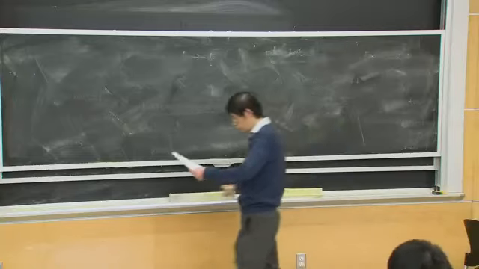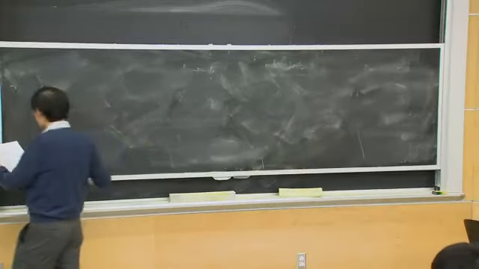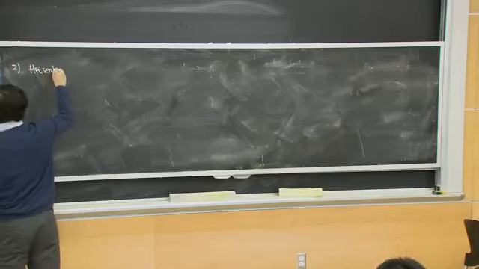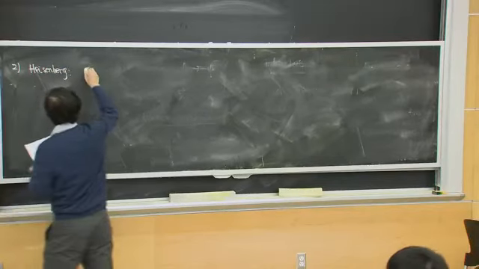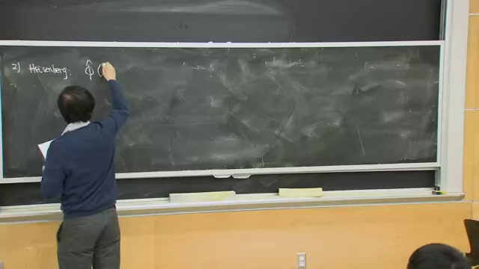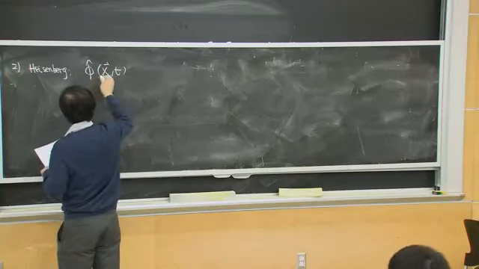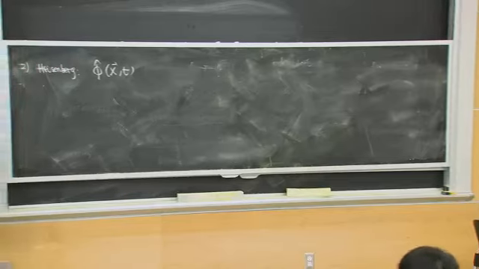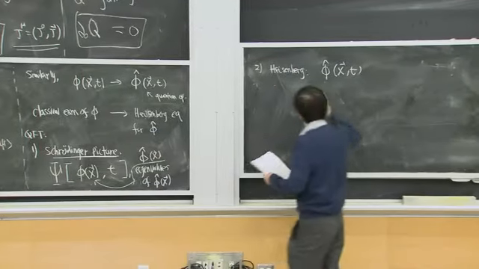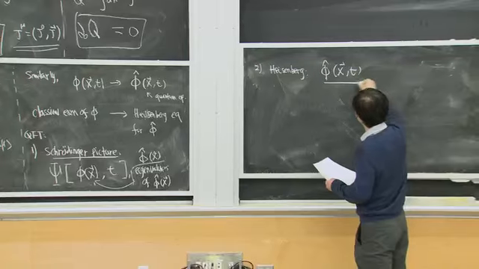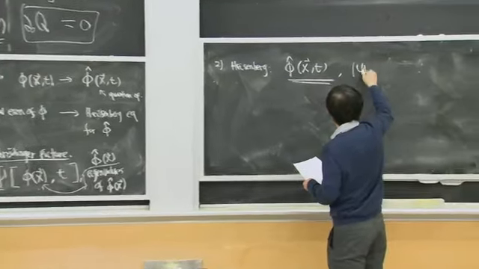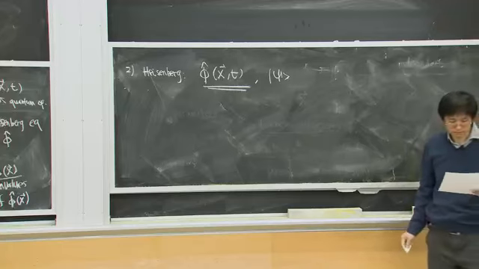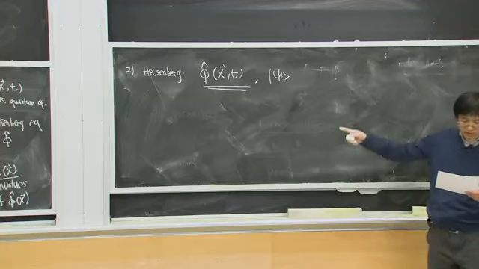So the Heisenberg picture for the field theory is that you look at the evolution of phi(x,t). This just obeys the Heisenberg equations, which are just the quantum version of the classical equation for phi. So you look at the evolution of this, and the state does not change with time. Okay. Good. Any questions on this?